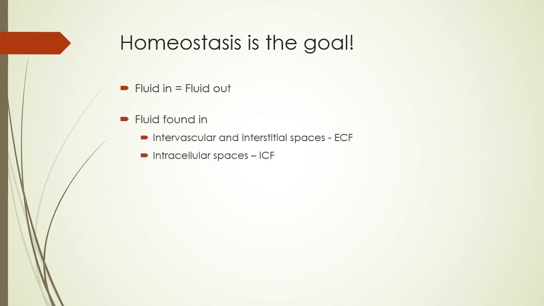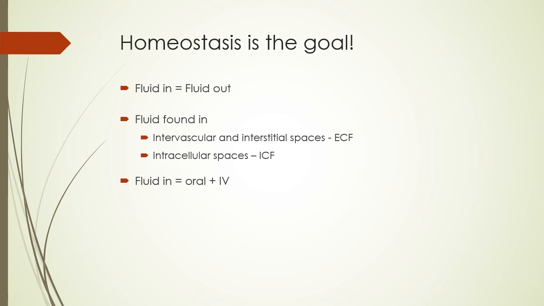The fluid that we're talking about is found in 2 general areas. There's the extracellular fluid, and that's in the intravascular and interstitial spaces. And then there is the intracellular fluid found in the intracellular spaces. Whenever we're monitoring someone for fluid in and fluid out, we want to monitor all of the fluid that the patient is taking in.